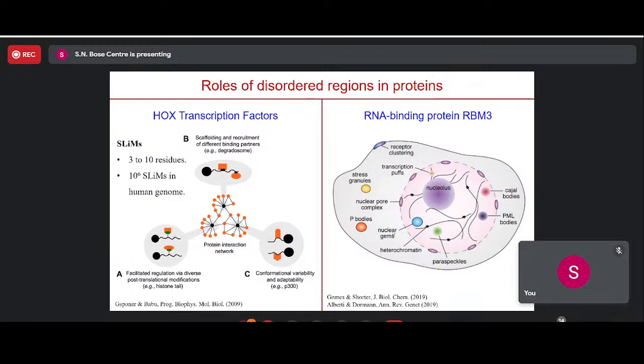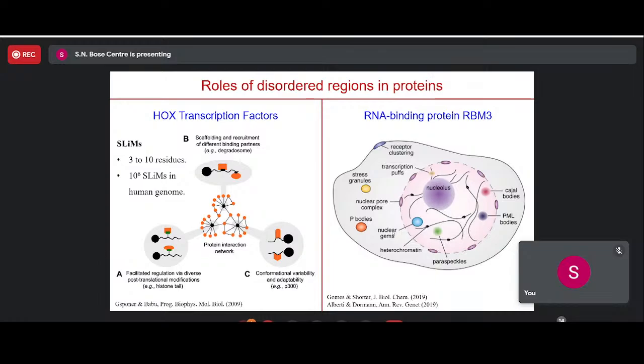So inside the cell, there are all these different types of membraneless structures, right? Like stress granules, P bodies. These things were known a long time back, but their physical characteristics were not known. This is something that has been figured out in the last 10-15 years, right? These are nothing but phase separation, and this phase separation is mostly driven by this type of protein, mostly RNA binding proteins.